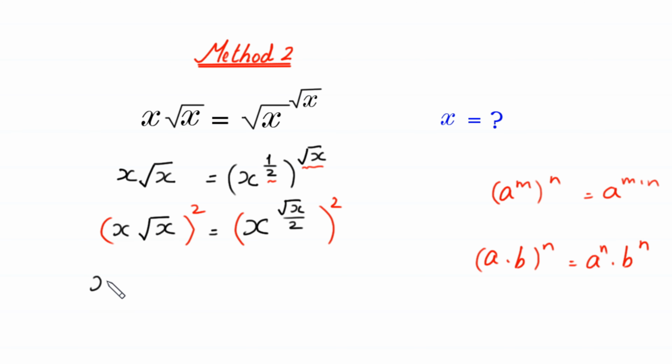Like this, x to the power 2 times square root of x to the power 2 is equal to, according to this property, a to the power m whole to the power n is equal to a to the power m times n. When we multiply this power square root of x over 2 by this 2, the 2 will be cancelled with this 2. And at the right side left, x to the power square root of x.